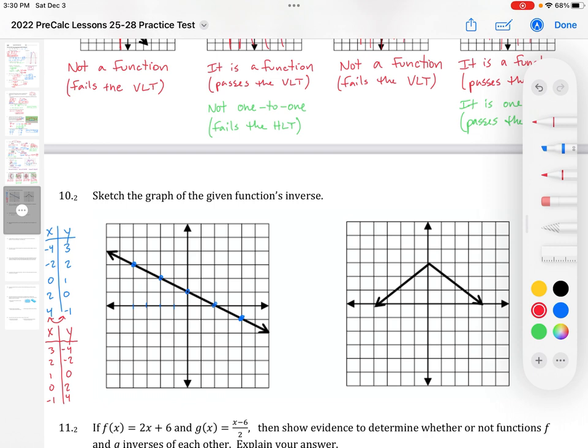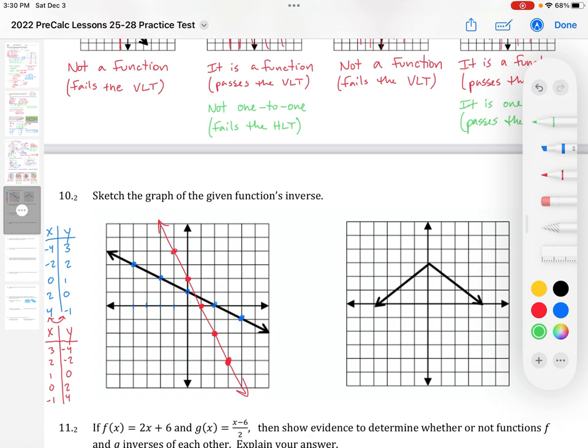So 3 comma negative 4 is this point down here. 2 comma negative 2 is here. 1 comma 0 is here. 0 comma 2 is here. And negative 1 comma 4 is here. So this line right here would be the inverse of that line that was graphed.